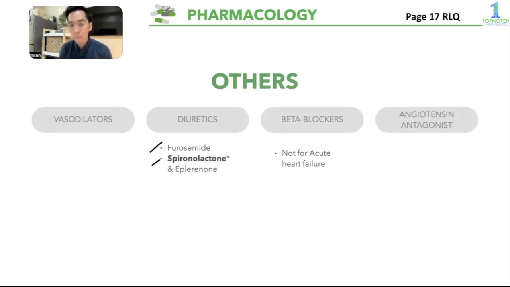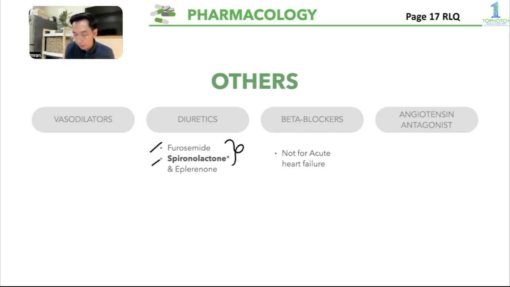Kasi remember, your spironolactone is a potassium sparing diuretic kasi it can hold in the body yung potassium natin. Pwede siyang mag-hyperkalemia. While your furosemide, it throws away your potassium. Hence, mixing them together, yung spironolactone and your furosemide can, okay, parang equilibrate yung levels of potassium in the body.